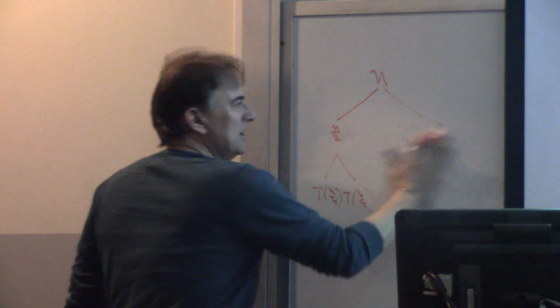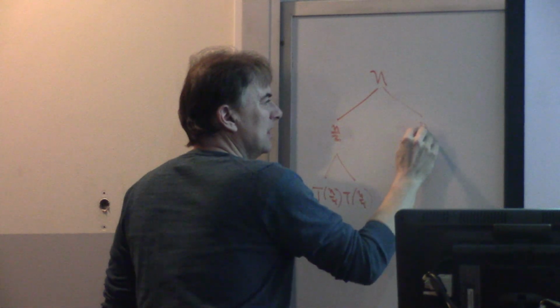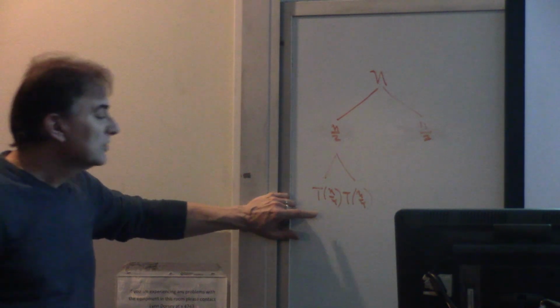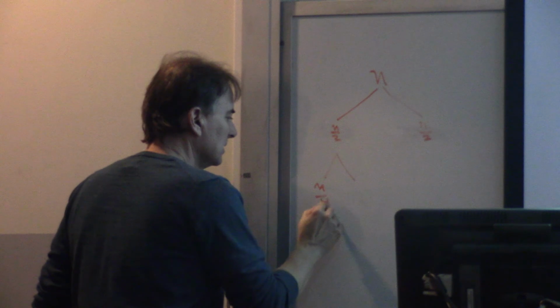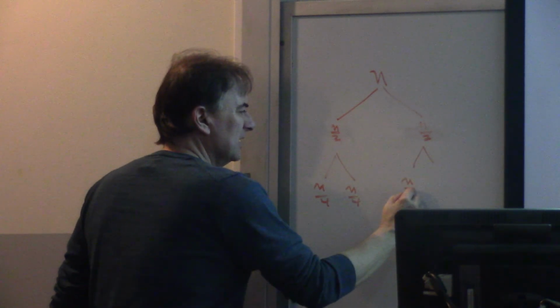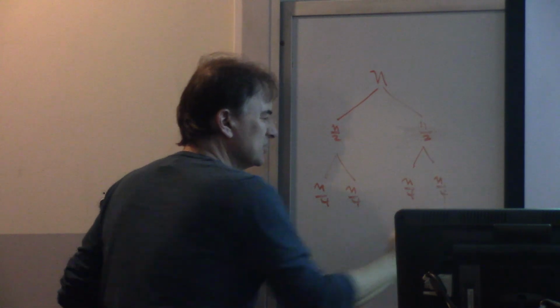It will be the same here, and it will be the same here, n over 2. And you can imagine what it's going to be here: n over 4. So the cost at level 2 is going to be n over 4. This is the actual work. And of course the same thing is happening on that side of the recursion tree.